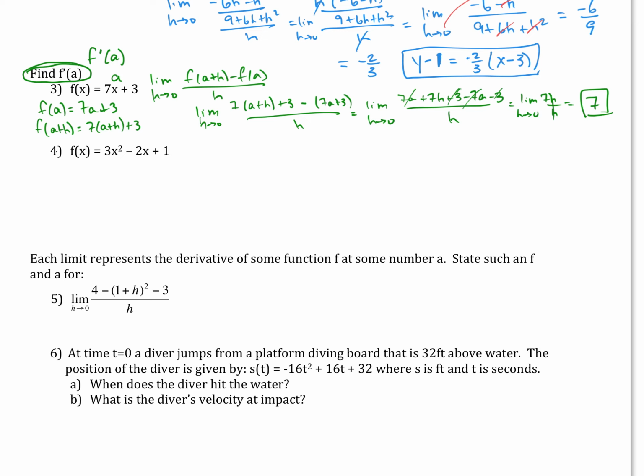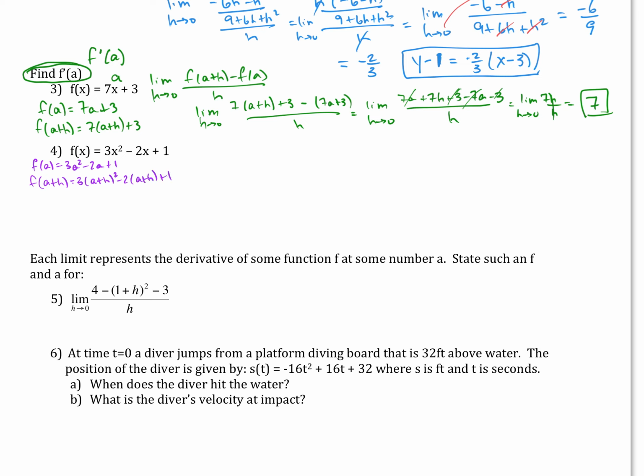Okay, so it's the same situation. We have to do this as general as possible. So we need to find f of a, obviously. So f of a will be 3a squared minus 2a plus 1. And then f of a plus h will be 3 times a plus h squared minus 2 times a plus h plus 1.